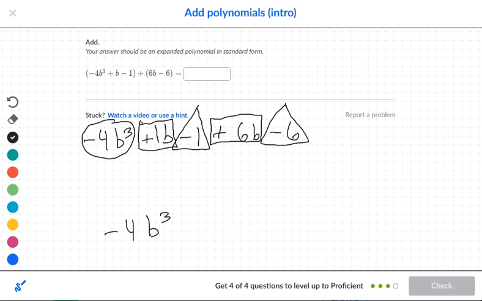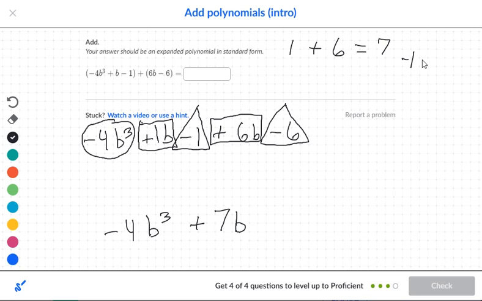For the box, I have a 1 and I have a 6. So 1 plus 6 is 7. So I have 7, but don't forget about your letters. So that's 7b.